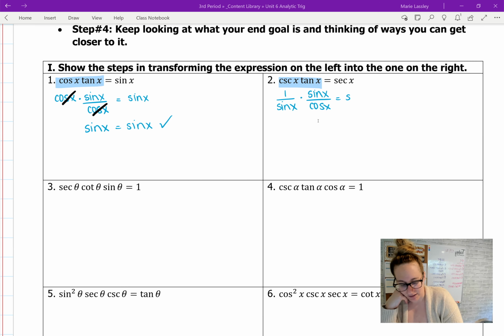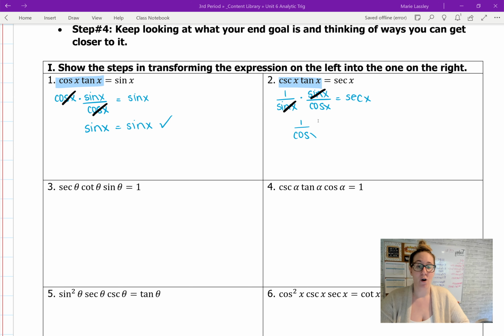Now like before, we can simplify. So sine simplifies out, and what we're left with is 1 over cosine x. Again, we want this to equal secant x. Well, 1 over cosine, using our reciprocal identities, is secant x. So 1 over cosine does equal secant x, and now we are done.